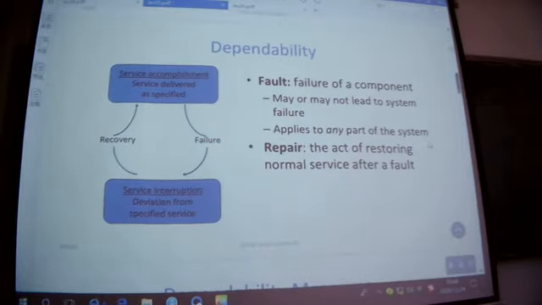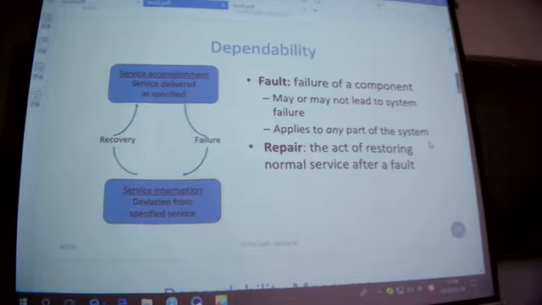This is dependability. There are two important points: one is fault, one is repair. What is a fault? A fault is the failure of a component. It may or may not lead to system failure, and it applies to any part of the system. Repair is the act of restoring normal service after a fault.